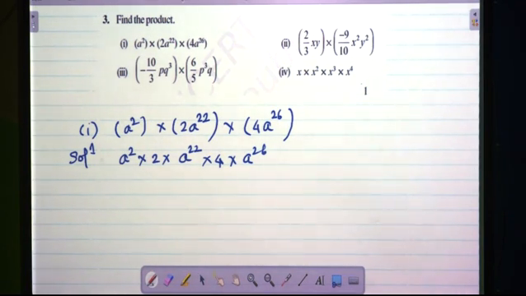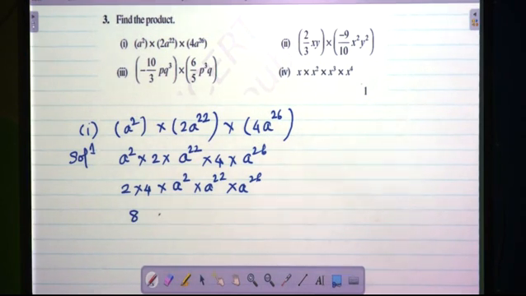So, what happens? Next step, 2 into 4, the numerical coefficients are to be multiplied, and this is a raised to 2 into a raised to 22 into a raised to 26. 4 2s are 8.